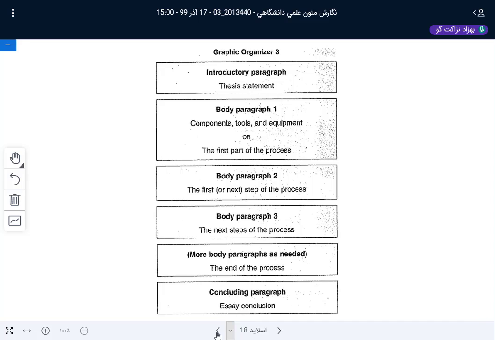Then we move to the second body paragraph. The next step of the process comes in this body paragraph, and then the next step of the process comes in the third. And if we have more steps of the process, we will write three, four, five, six, as many as possible. Then we come to the last one, which is the concluding paragraph.